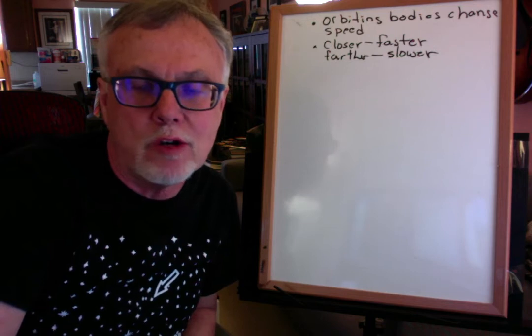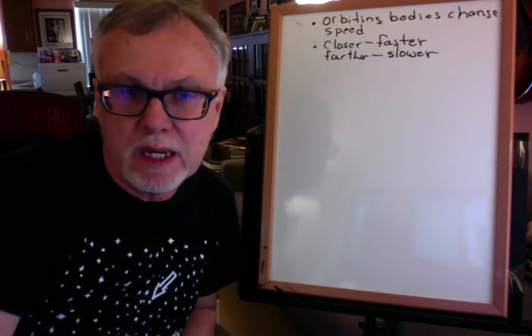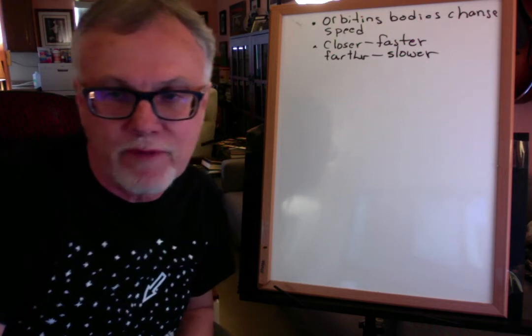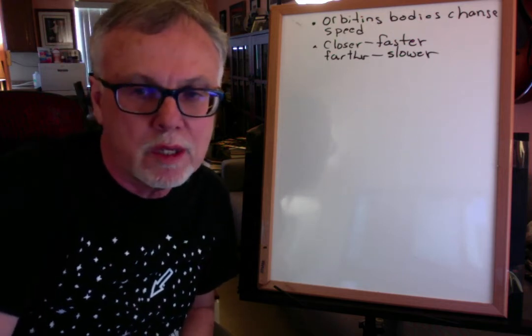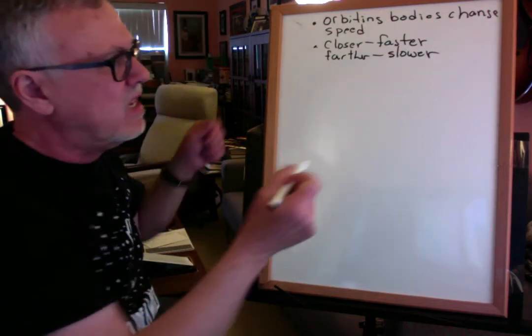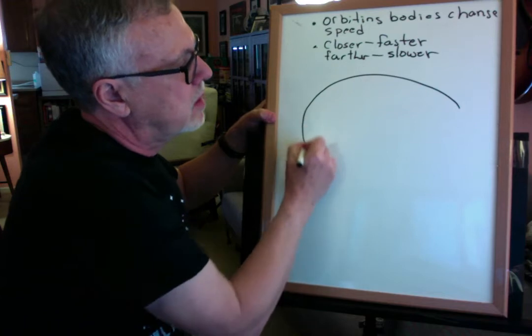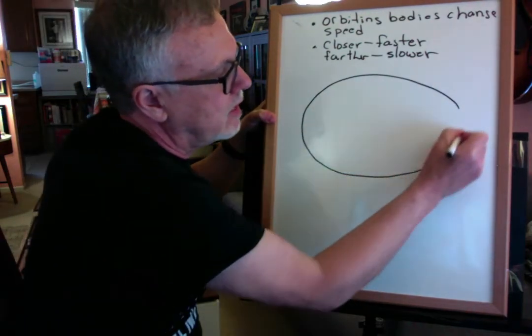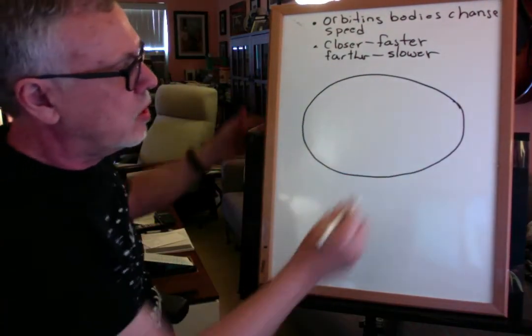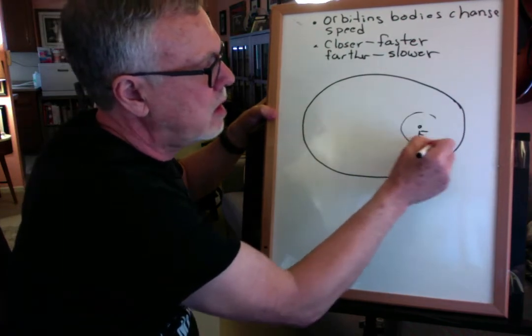What is the underlying reason that things could change their speed and change it in such a manner that you go faster when you're close and slower when you're far? And so, well, we just draw this ellipse once more. So, getting good at this, aren't I? Well, maybe. And so we have the focus that the moon is centered on.